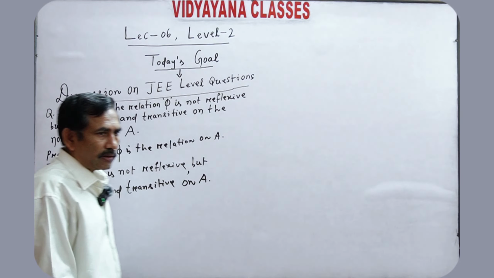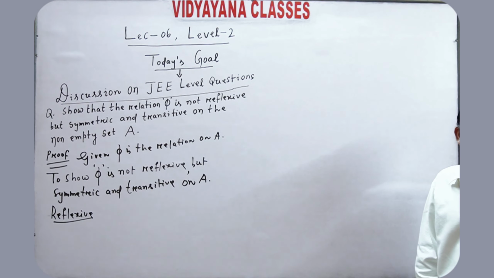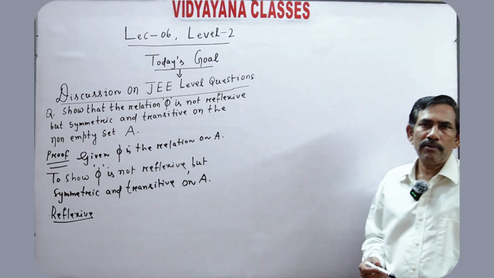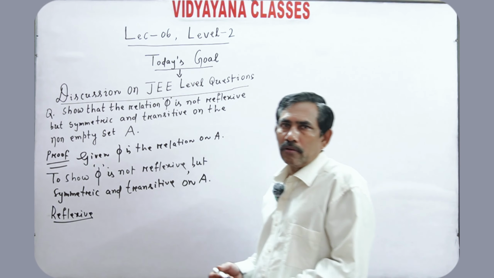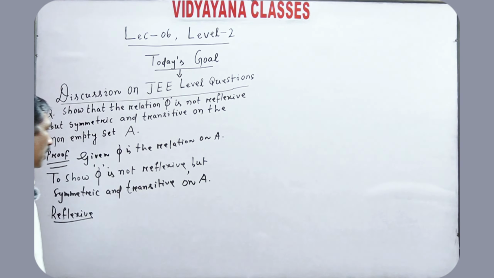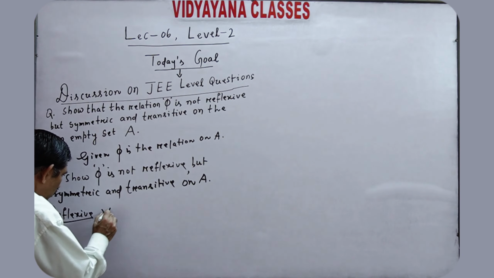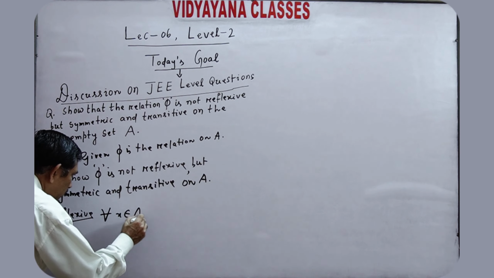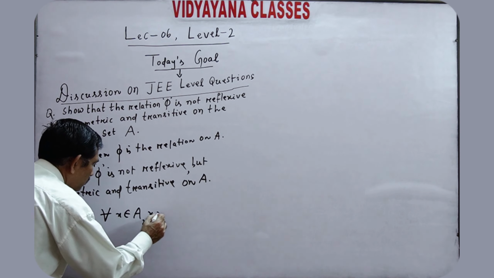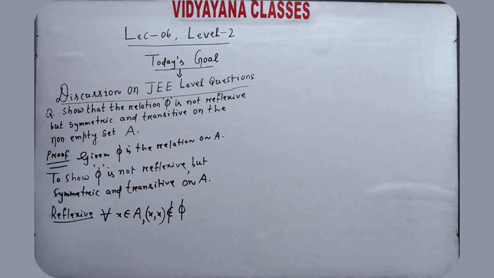What is a reflexive relation? The relation capital R on A is said to be reflexive if for all x belongs to capital A, the ordered pair (x, x) belongs to R. Here R is phi. For all x belongs to the given set, the ordered pair (x, x) does not belong to R. That means phi.